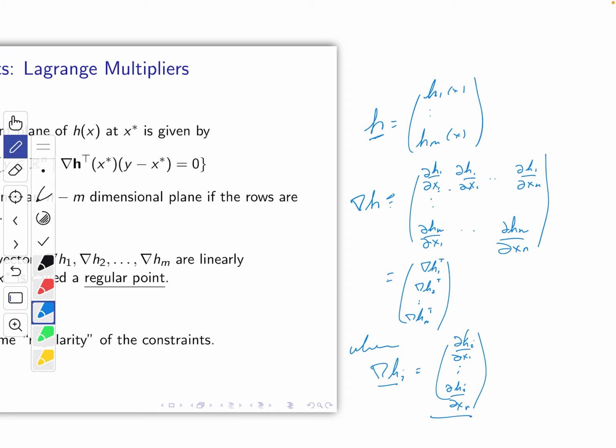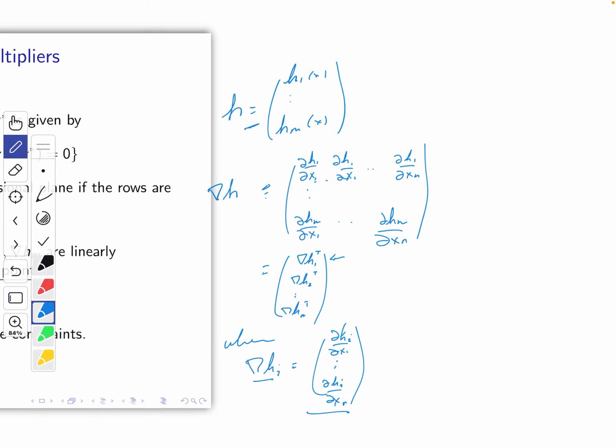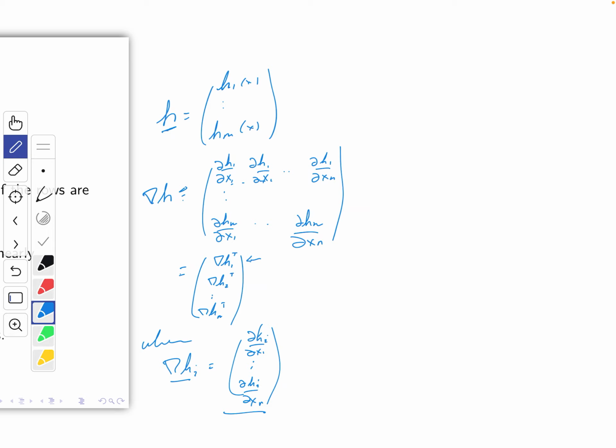Okay, so each of these rows defines a new plane.